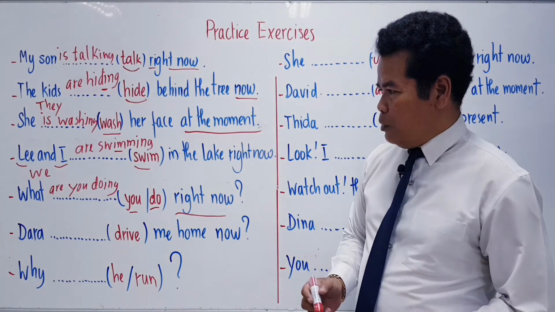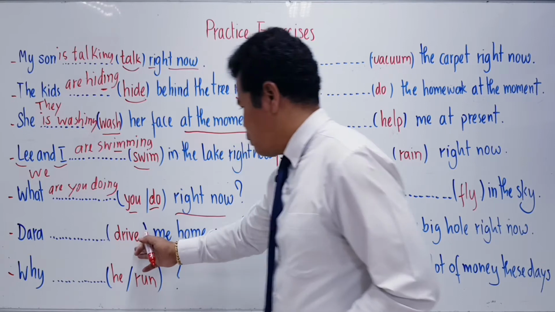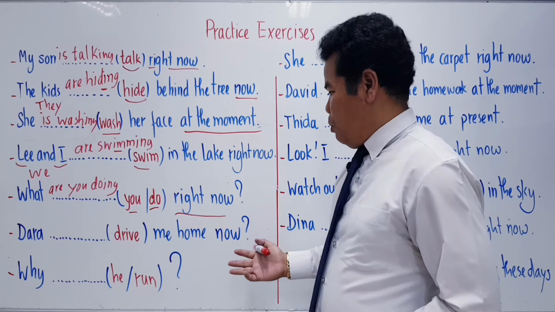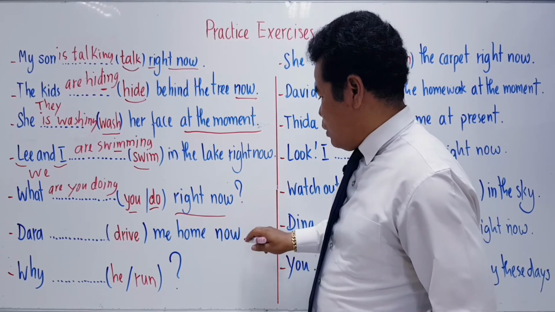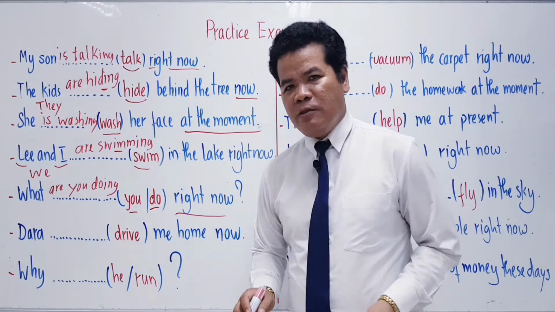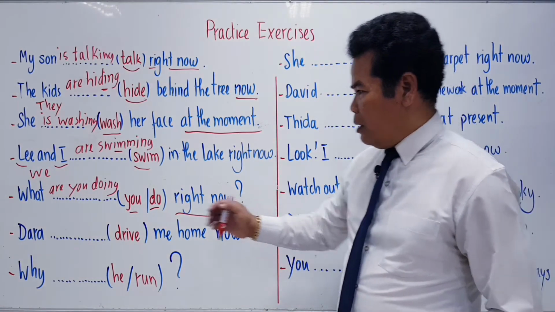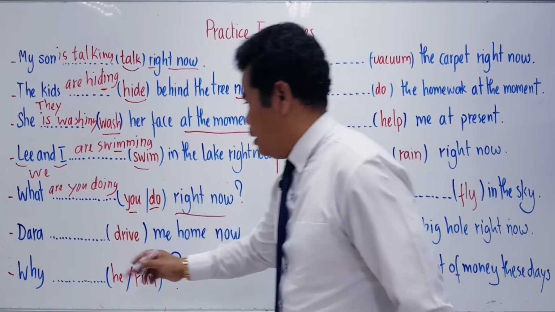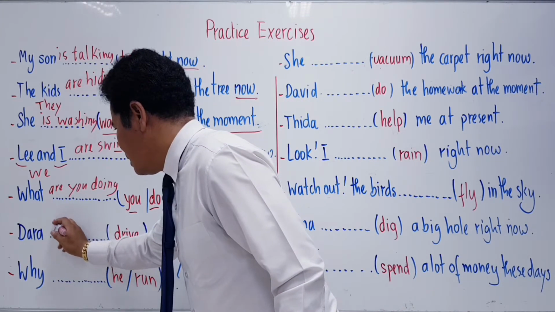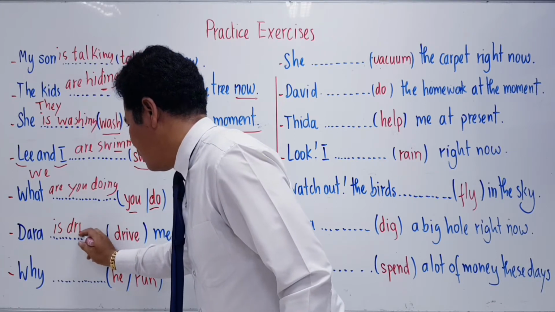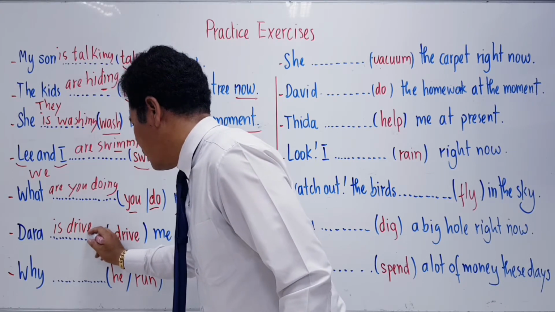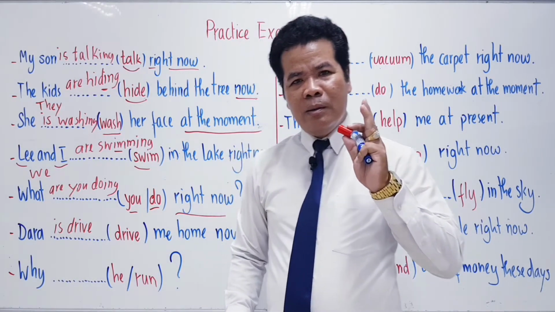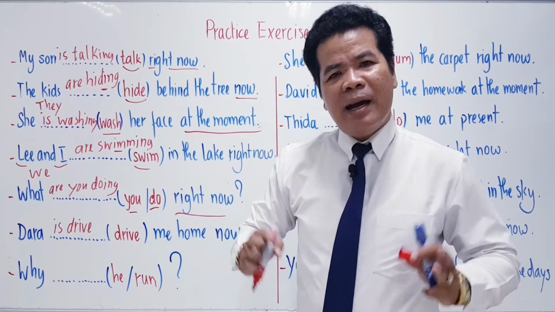So look at the other example. Dara, drive me home now. So this is what? This is the affirmative sentence or positive sentence. So what do we say? Dara, blank, and then drive. So what do you make as the present progressive? Dara is, look at the word drive. Here, to make it present progressive, we add ing, okay?